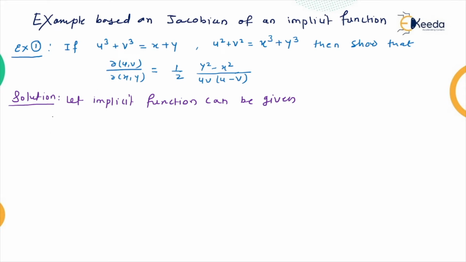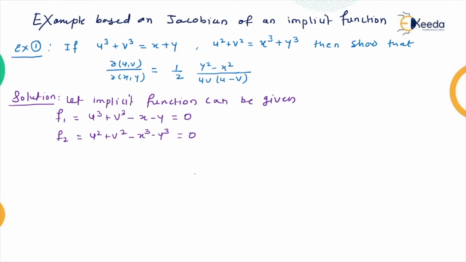Let me call the first function f1, and f1 is equal to u cube plus v cube minus x minus y, equal to 0. And we define f2 as u square plus v square minus x cube minus y cube, equal to 0. So these are f1 and f2.